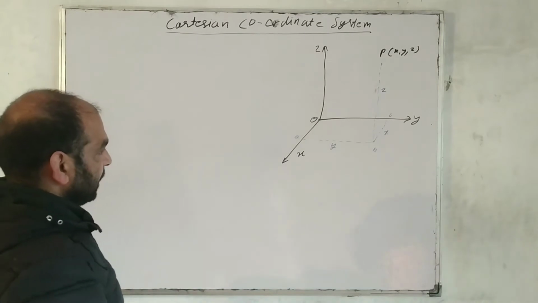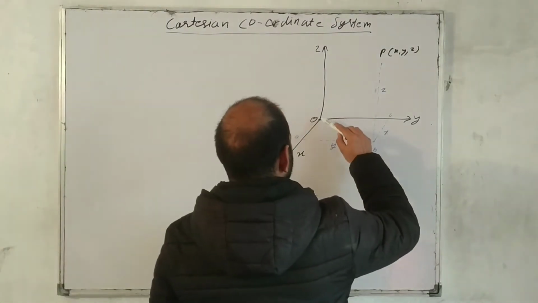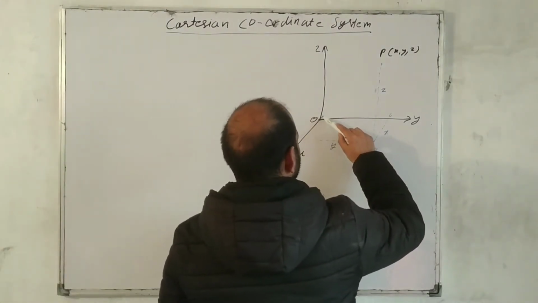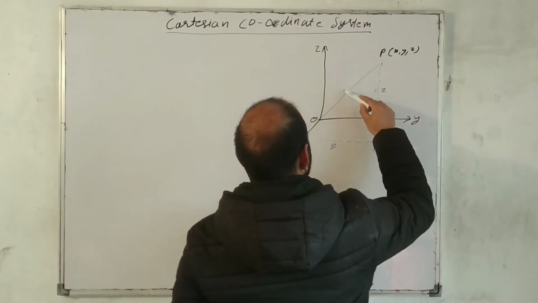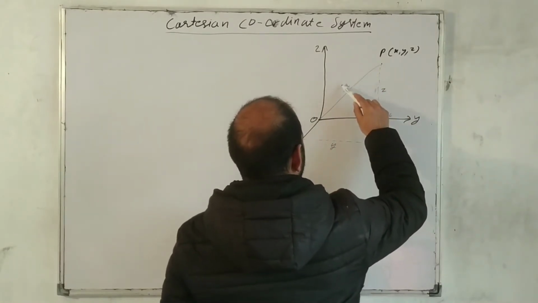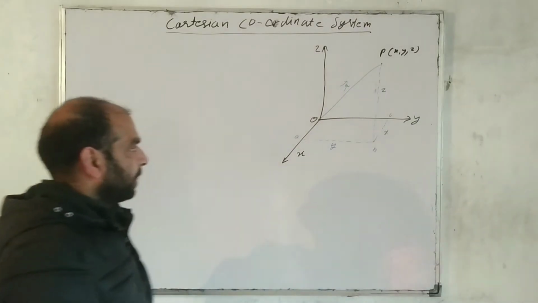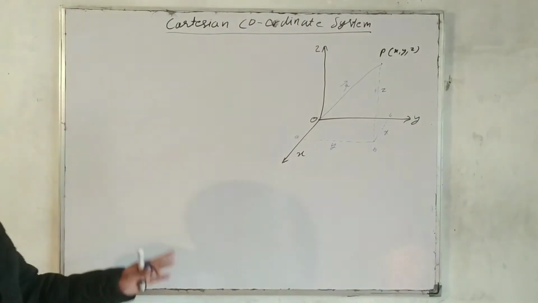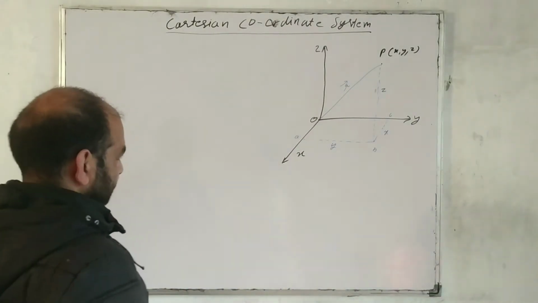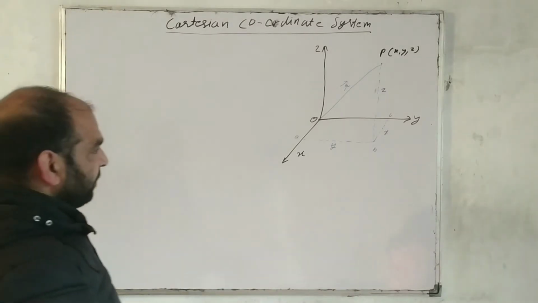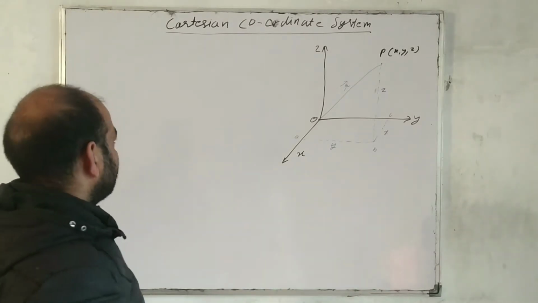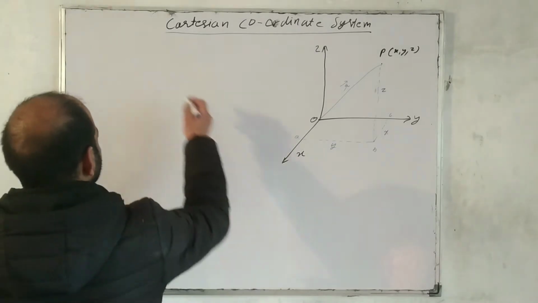So now let r be the distance of this point from the origin. I am writing it in vector form. Let this distance be r. Now we will find the value of this vector r. How will we find that?